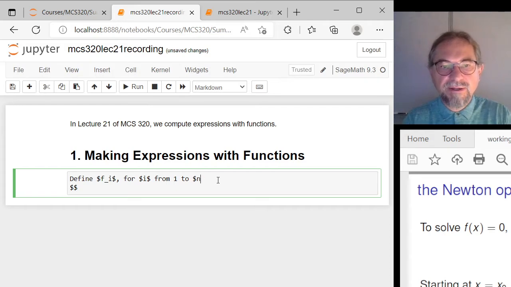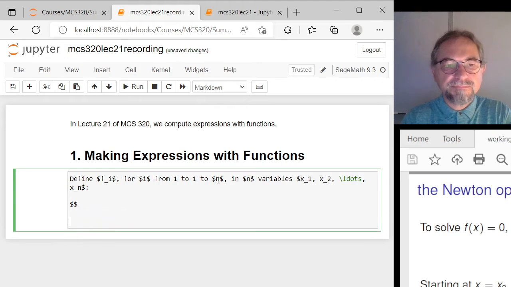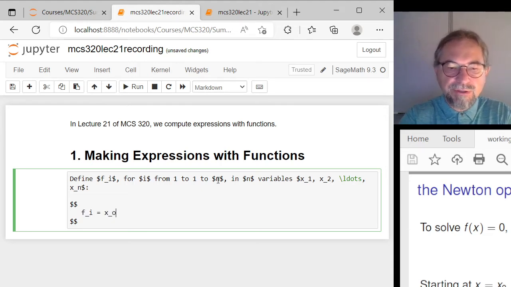So i from 1 to n in n variables, x1, x2, and now you can see that it's probably not good practice to do too much typing before saving or executing. My keyboard was not collaborating with me, but no problem. So let me continue this.